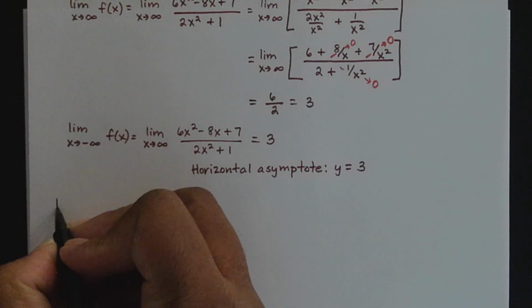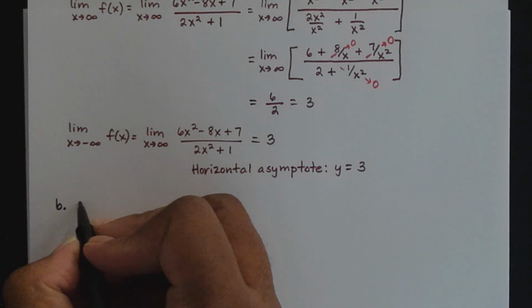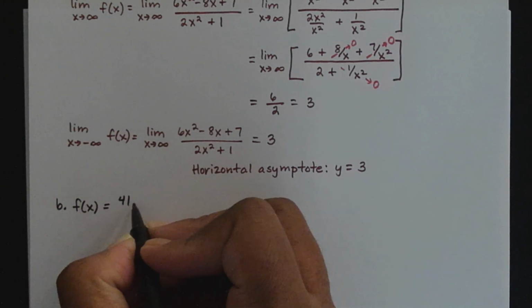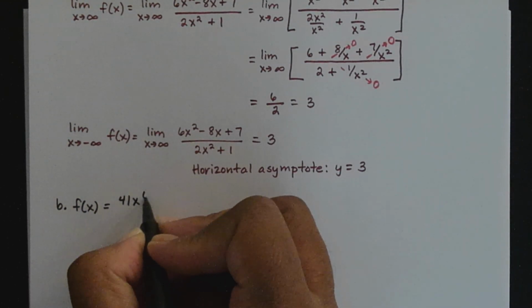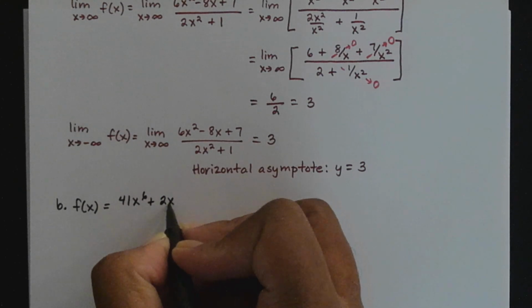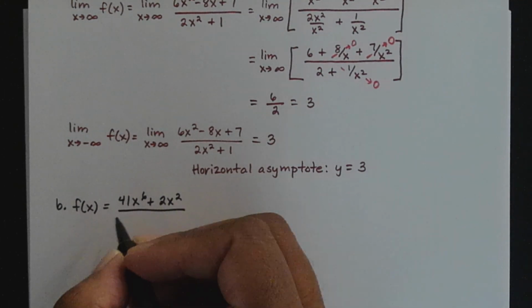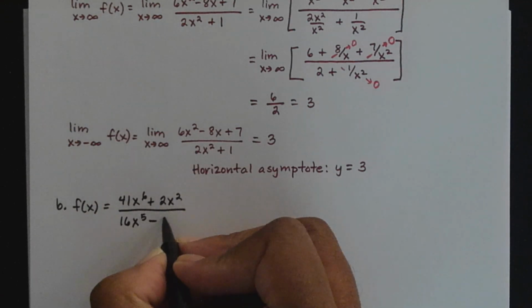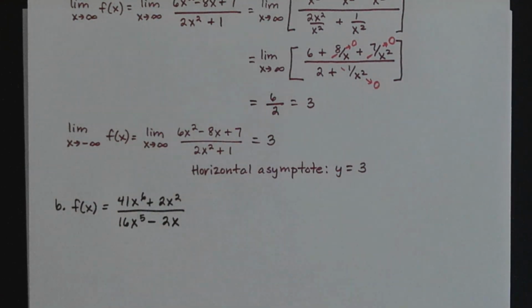Okay, now part B is the function f of x is equal to 41x to the 6th plus 2x squared divided by 16x to the 5th minus 2x.